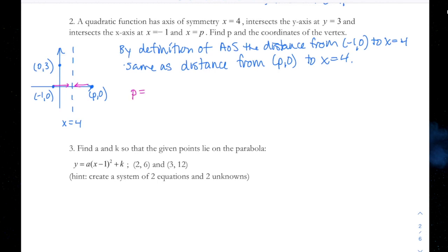So basically, I know that P is going to be equal to 4 minus -1 plus 4. So I'm taking the difference between the point and the x-axis, and then I'm adding it to x equals 4.